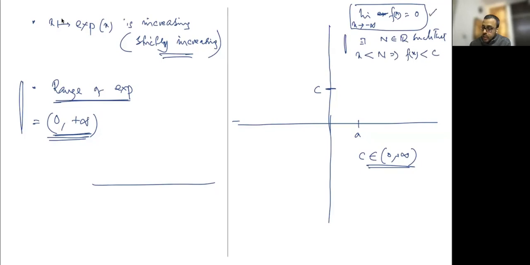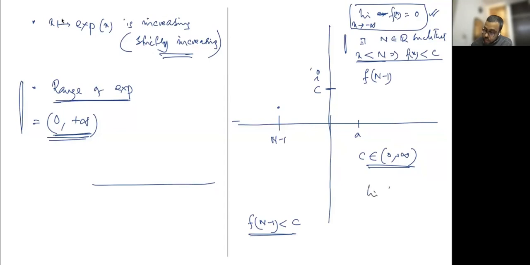I'm just using the statement that the limit of f(x) as x goes to minus infinity is 0. Here c is something positive, so there would exist a capital N such that this happens. So let's look at N minus 1. The value f(N minus 1) is something less than c.